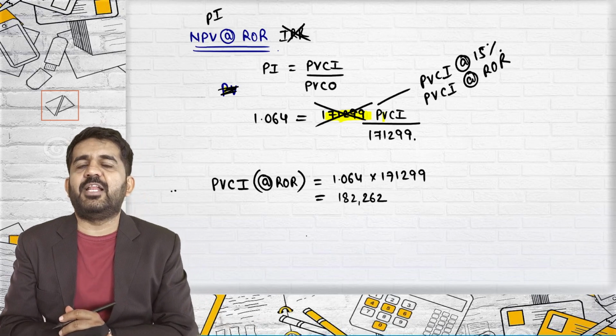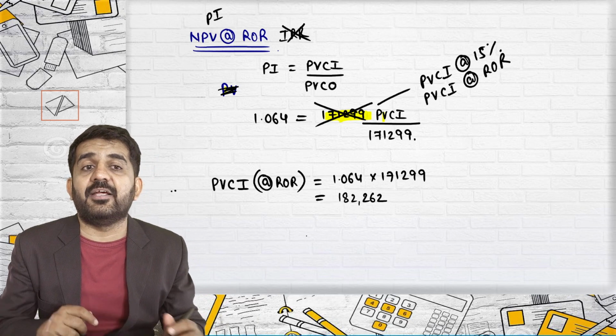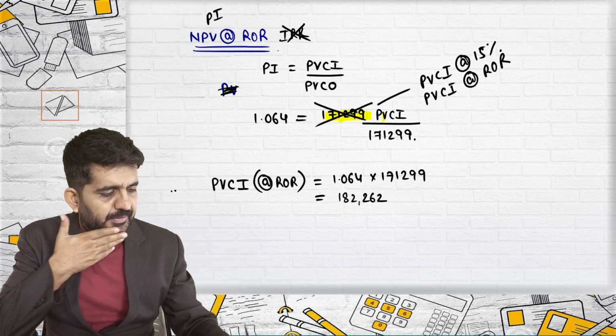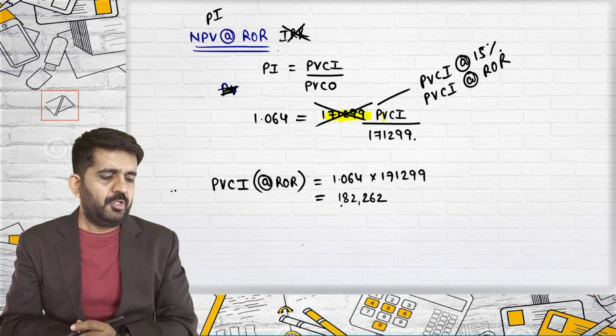It is present value of cash inflow at required rate of return, 182,262.